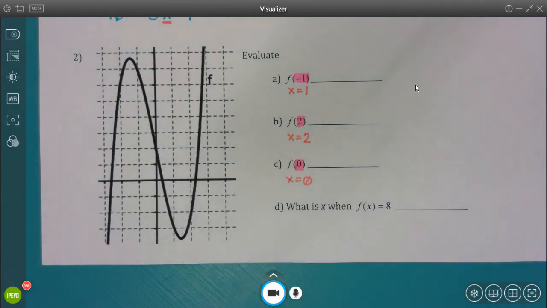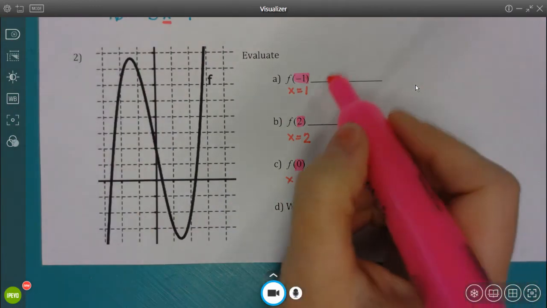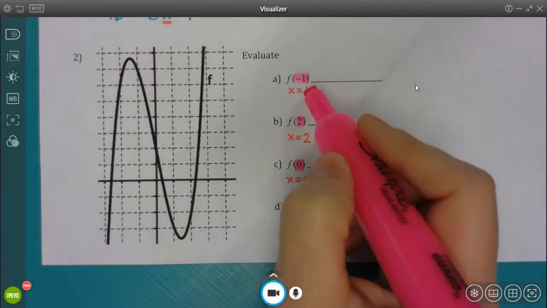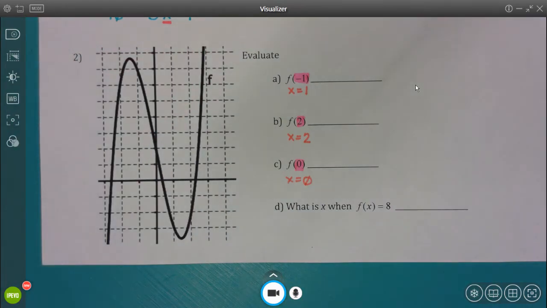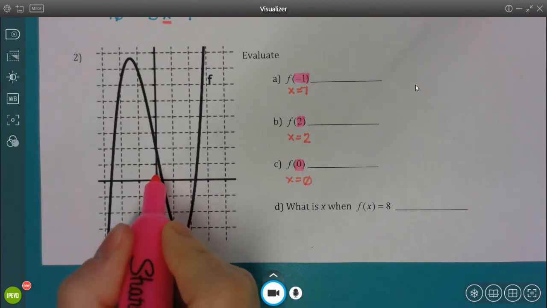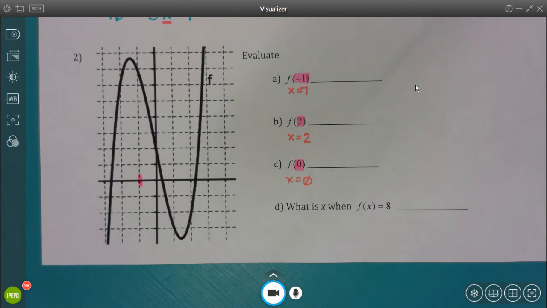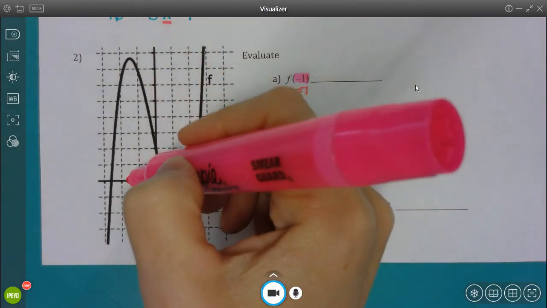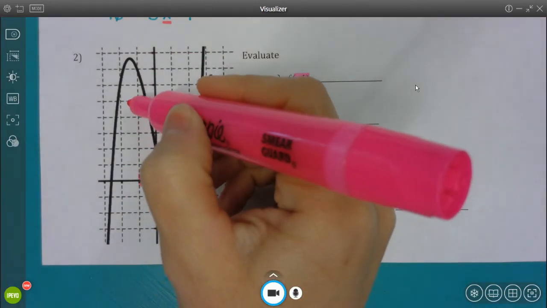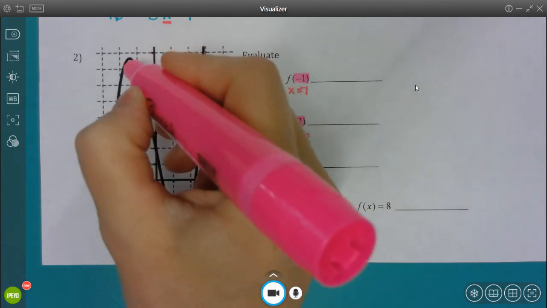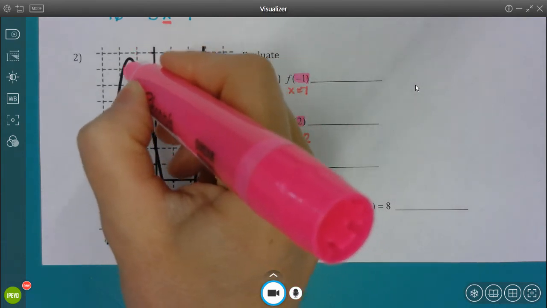And my goal is to figure out what my output value is when x is -1. Oops, forgot my negative sign here. All right, so let's go to where x is -1. So here is -1 for x. And I need to go to where my point would be on my function.